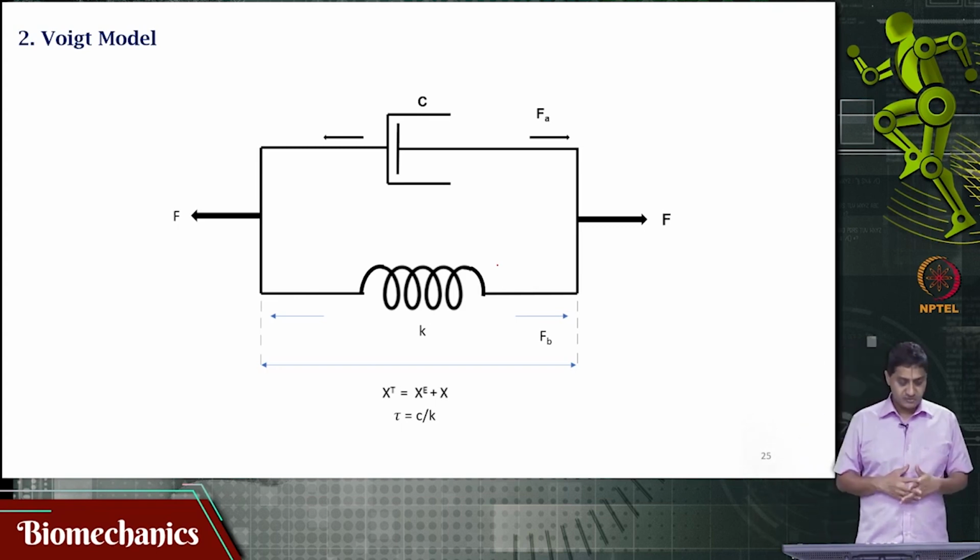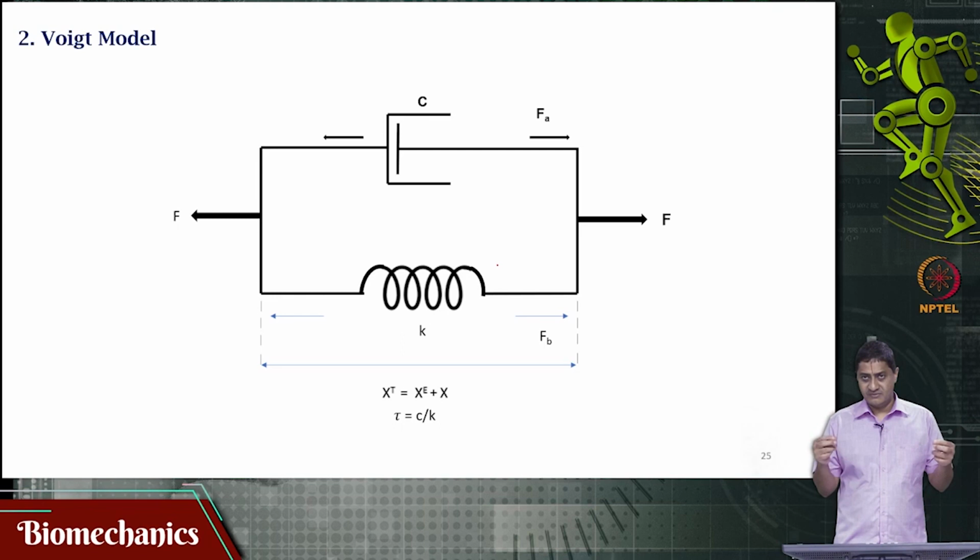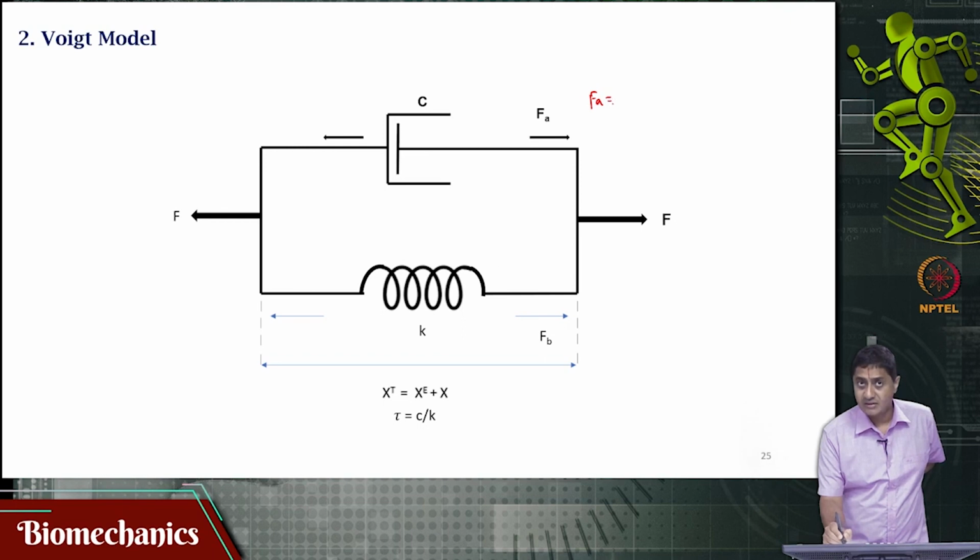When you pull this model on two sides, the deformation on both sides will be the same, but the force that is felt by each of these two elements will be different. What will be the force that will be felt at the dashpot? That is Fa, that is Cx dot.